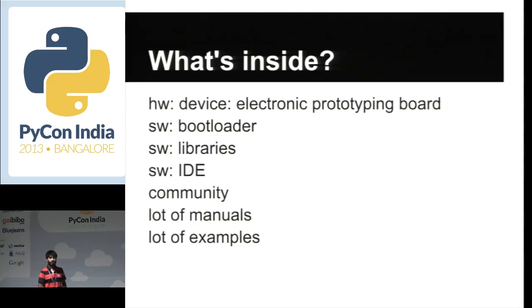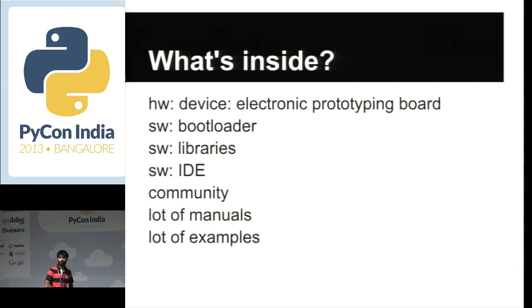Arduino also comes with a lot of loaded libraries. You have libraries to interface almost everything with Arduino: ultrasonic sensors, simple IR sensors, sound sensors, a lot of different kinds of sensors, and a lot of different kinds of hardware actuators as well.